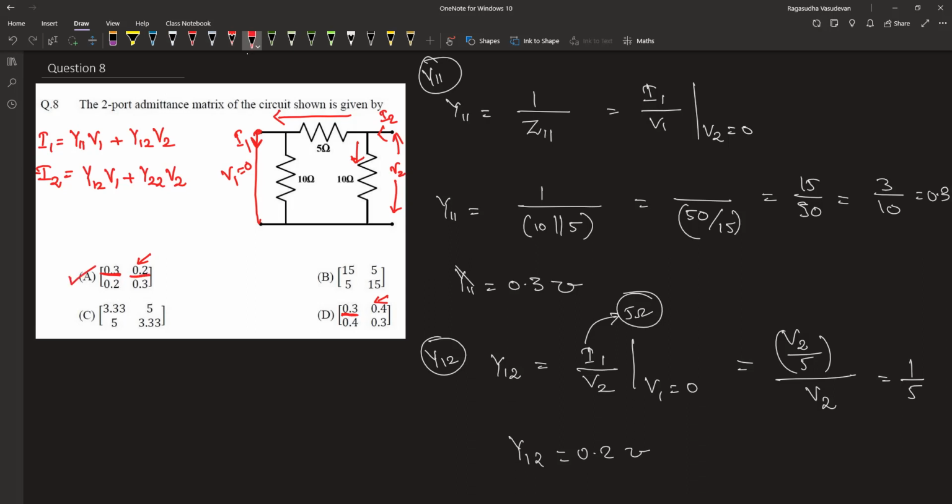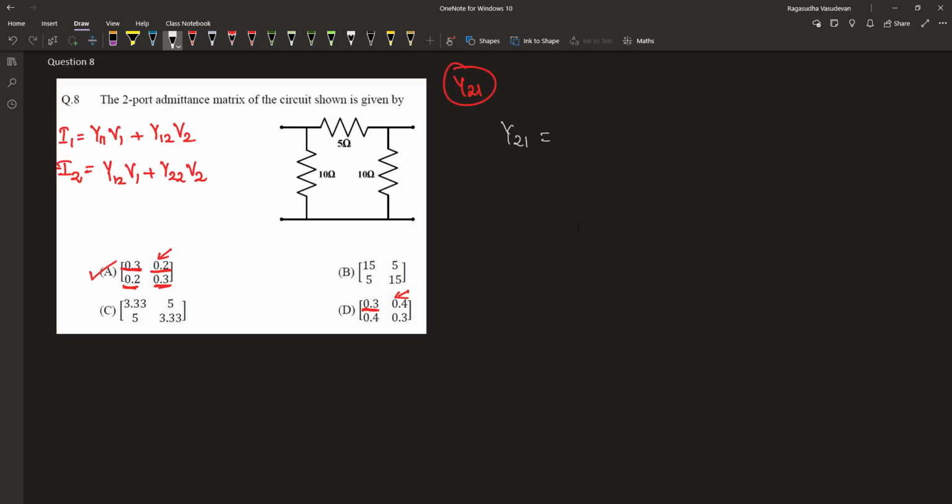We can simply mark the answer as option A and proceed to the next one, but still let us verify if Y21 and Y22 are correct. Y21 will be the output current I2 divided by the input voltage V1 when V2 is equal to 0. So we are short circuiting the output port to make V2 0, and we are supplying voltage V1 via the input port.